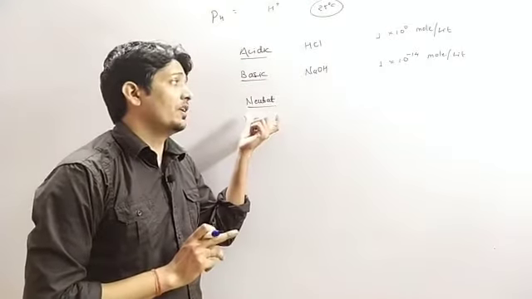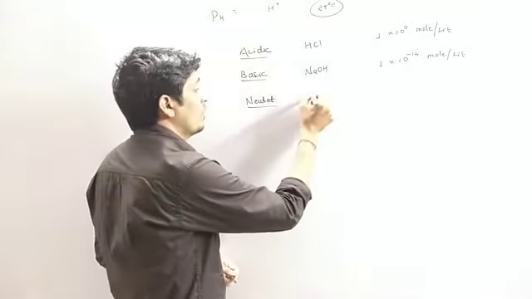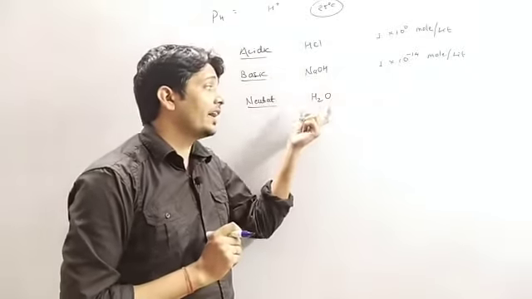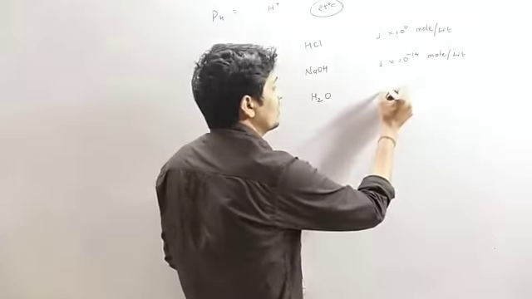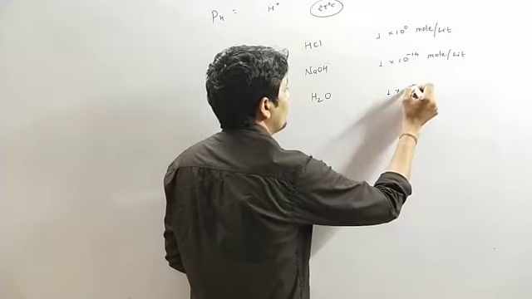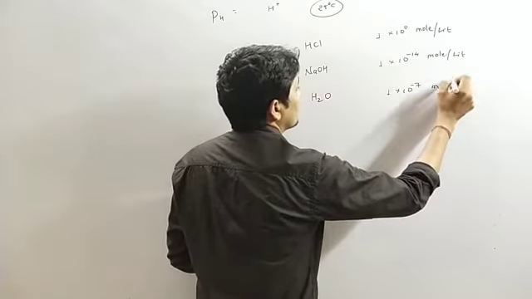If we take a neutral substance like water, H2O, and dissociate it at room temperature, it produces H positive ion as 1 into 10 to the power minus 7 mole per liter.